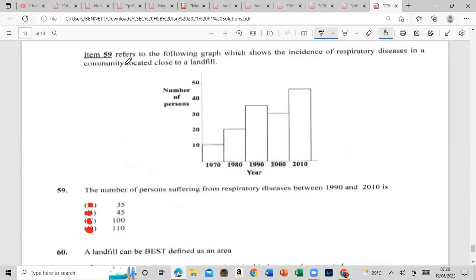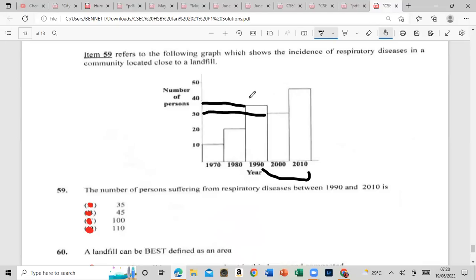All right, let's go now. 59 refers to the following graph, which shows the incidence of respiratory disease in the community located close to landfills. So the number of persons, 1970, 80, 90, 2000, and 2010. The number of persons suffering from respiratory disease between 1990 and 2010. Let me just mark it. It doesn't reach 40, you know?